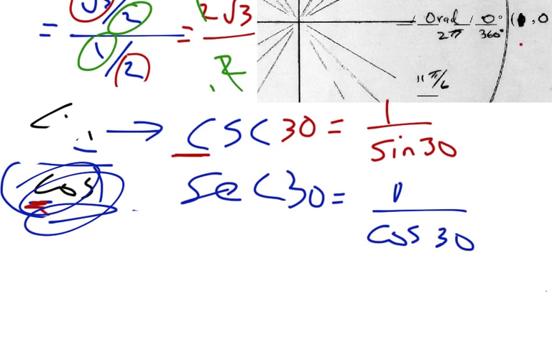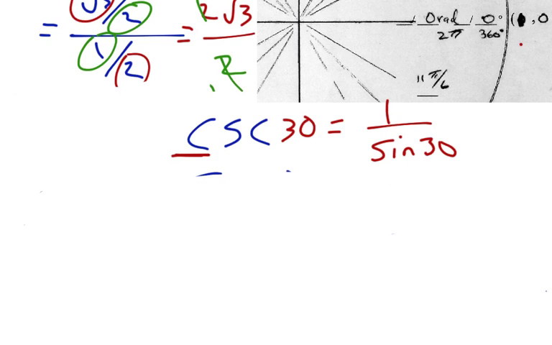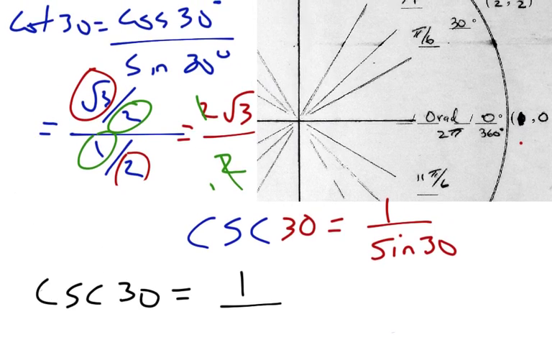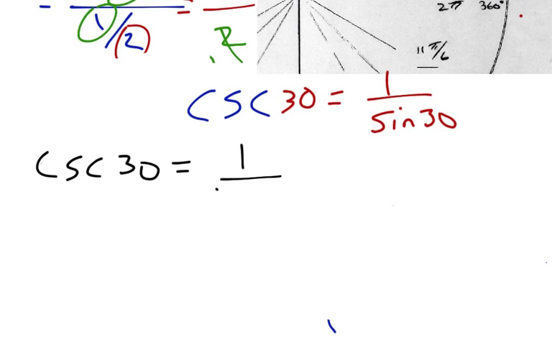So I show you that one, and that's the process that you do with every single one of them. So cosecant of 30 is 1 over sine, but sine, we said that it was equal to 1/2. Now I have a whole number divided by a fraction, so I make that whole number into a fraction.